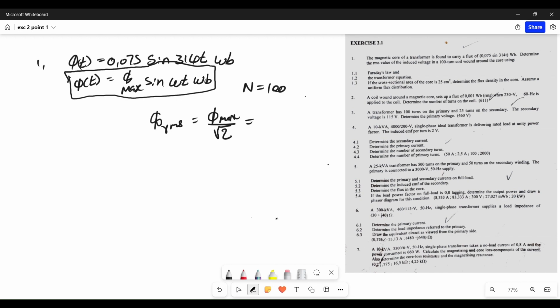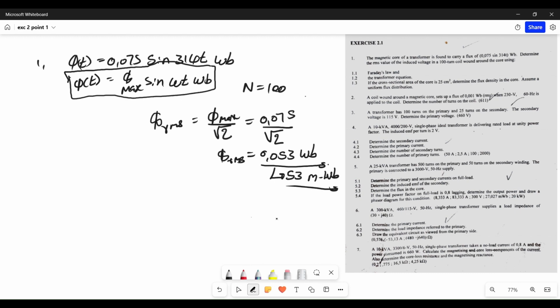So 0.075 divided by root 2 gives us 0.053 Weber. We can write it in this form: this is 53 milliweber. So this is the RMS flux.